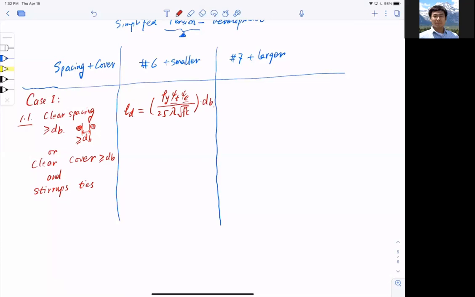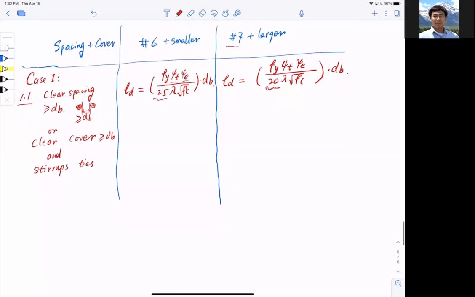And if it's for number 7 or larger, ld equals fy psi t psi e divided by 20 lambda square root of f prime c, times dB. You notice that for number 7 and larger, this number is smaller, which means a longer distance. So this is case 1.